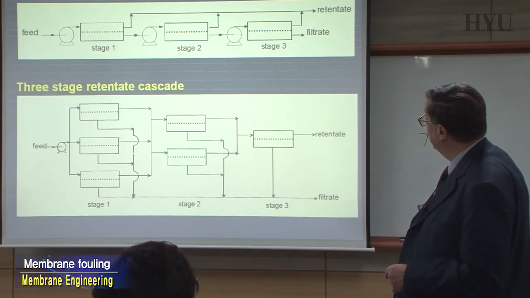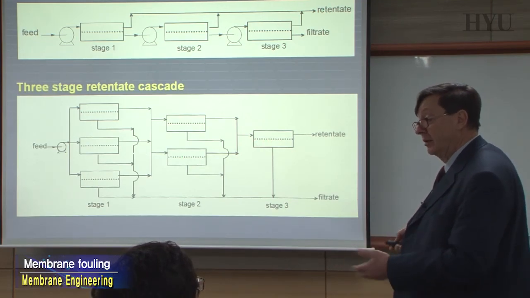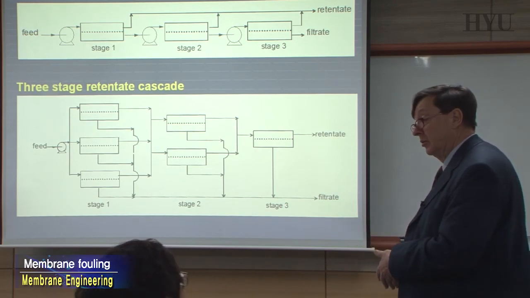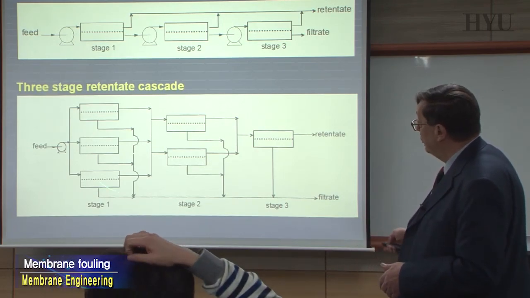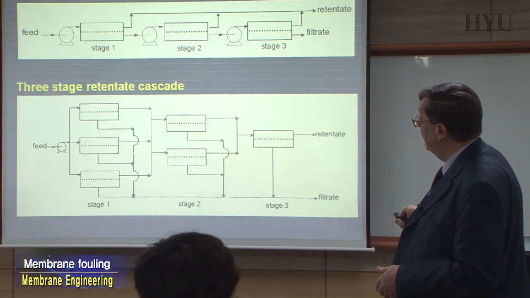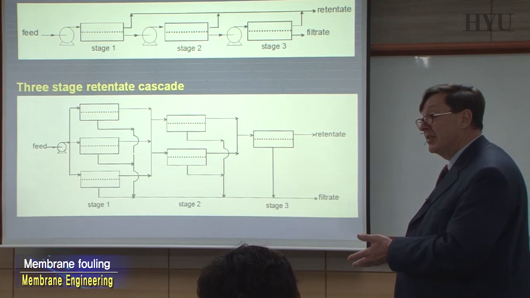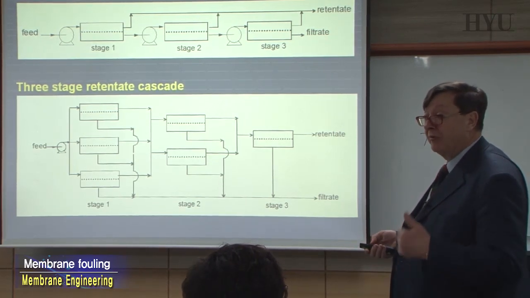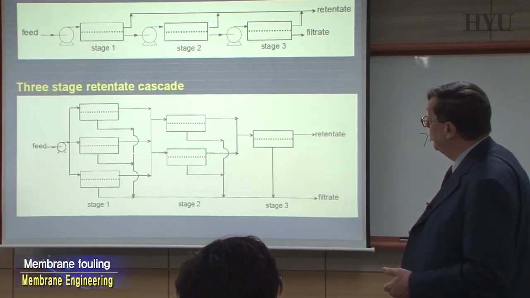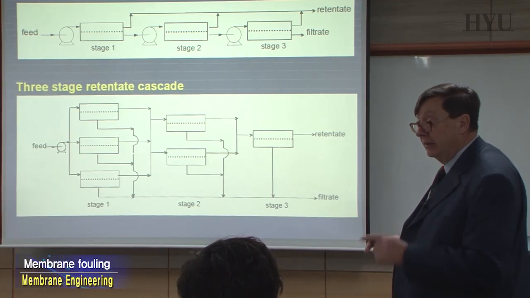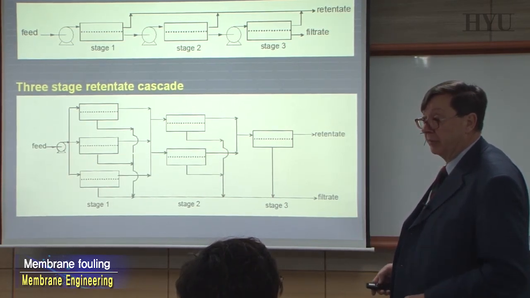If your retentate is too high, the recovery factor is too high somewhere, and so you have to redesign the system, taking care not only of the overall productivity of the system, but also of the fouling phenomena that you are going to introduce in the single one. And these phenomena are always present.